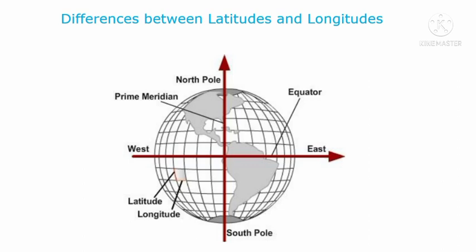It's nothing but the noon at the same timing. So you can calculate the time difference between each and every place, how far it is, before and after. By calculating the difference of these longitudes, we can say the time differences also.